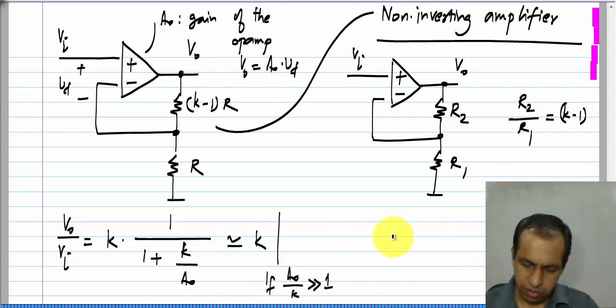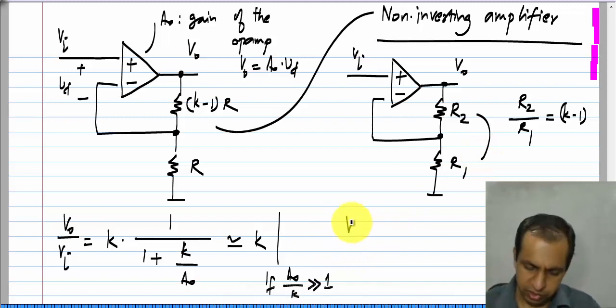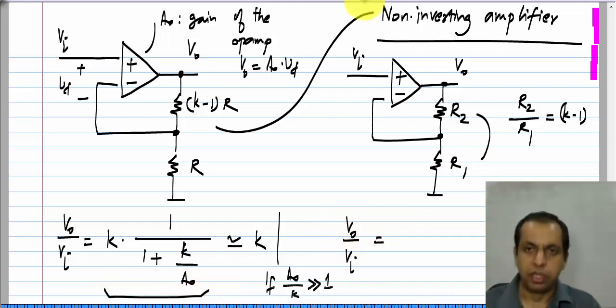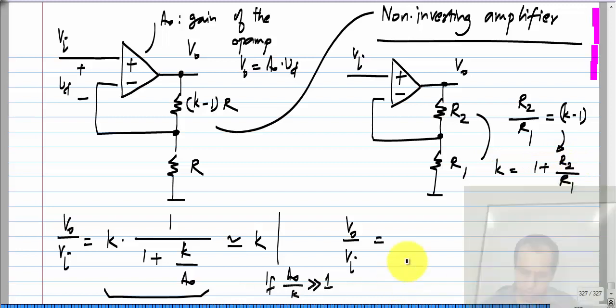Okay. So, the gain of this non-inverting amplifier, when I denote the two resistors as R2 and R1, is V naught by V I. The same formula holds, the only thing is I have to express K in terms of R2 and R1. Okay. So, clearly from this we see that K is 1 plus R2 by R1.